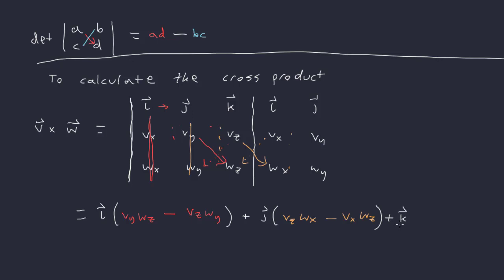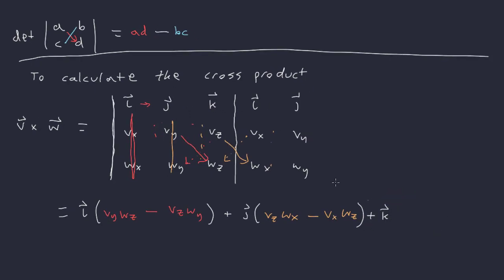All right, then we shift over again, and when I do the K, I ignore its column, and then I do the determinant in the one right next door. So it will be Vx Wy minus Vy Wx.